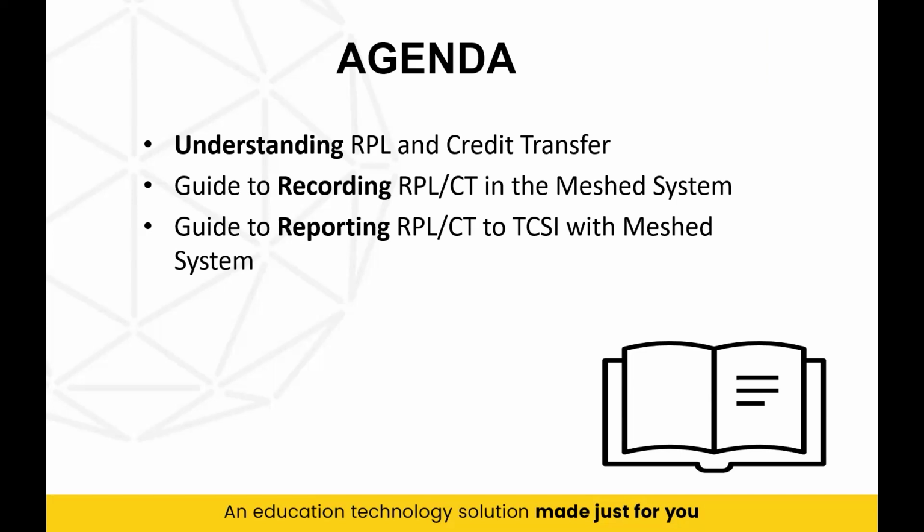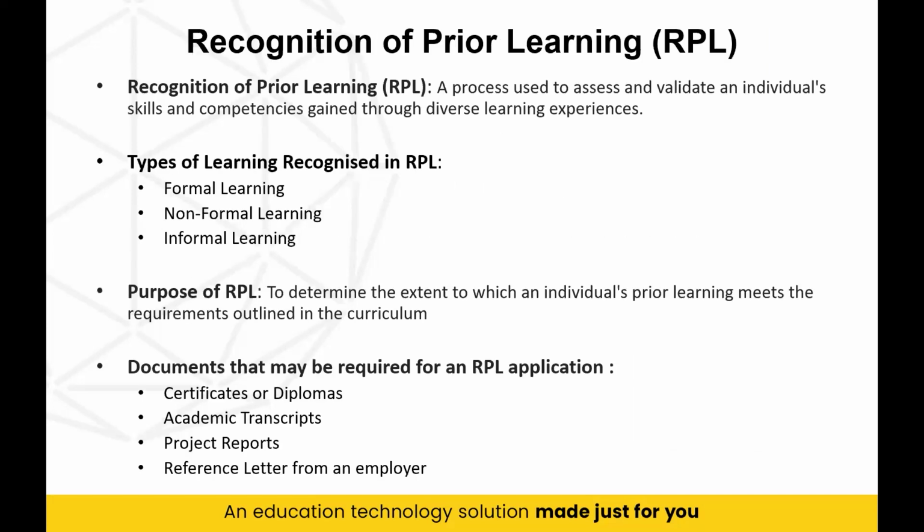So to start with, what's an RPL? Recognition of prior learning. RPL usually refers to people who already have the individual skills and competency against a certain subject that they have applied to study, through vast, diverse learning experience.